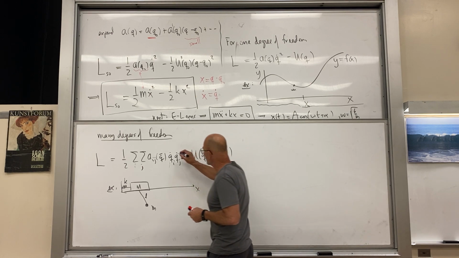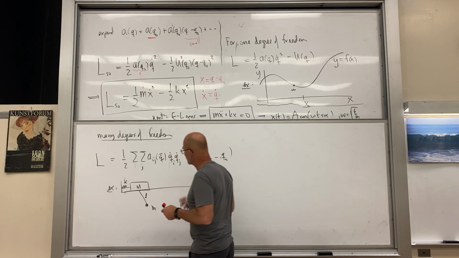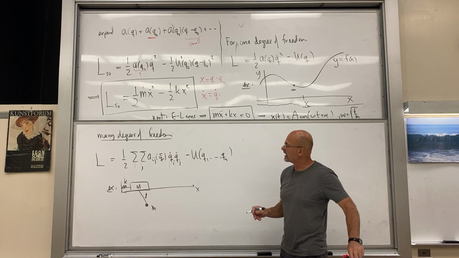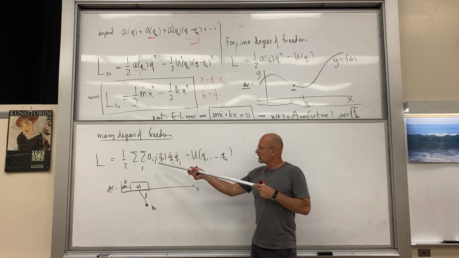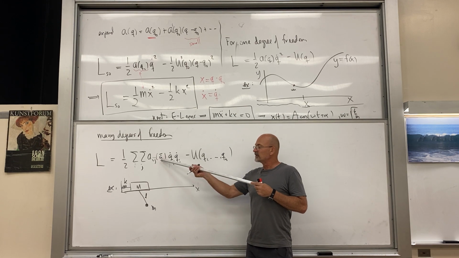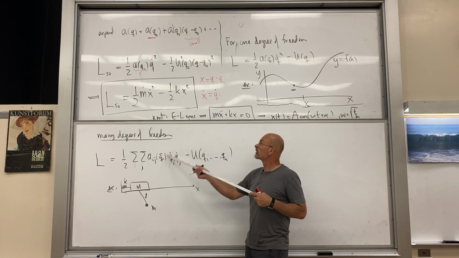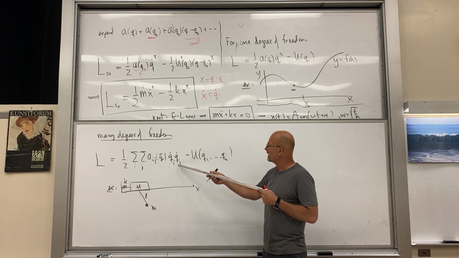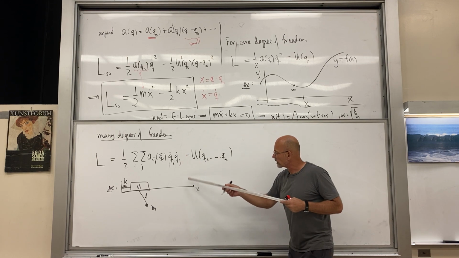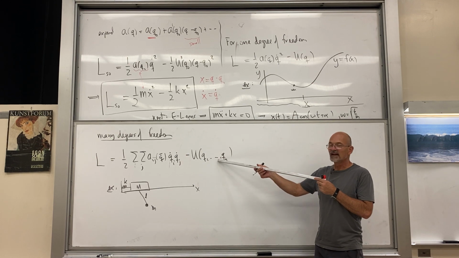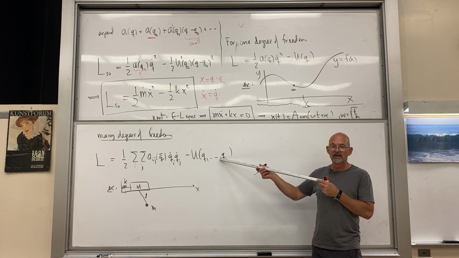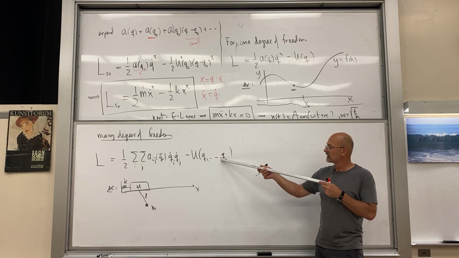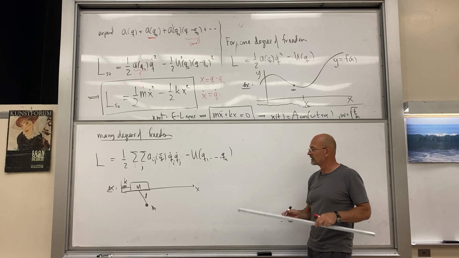In particular, you can see what we're going to have to do compared to what we just did. We're going to argue that we can evaluate these coefficients at the equilibrium, just like we did above, and we're going to expand this thing in a Taylor series to quadratic order about the equilibrium position.